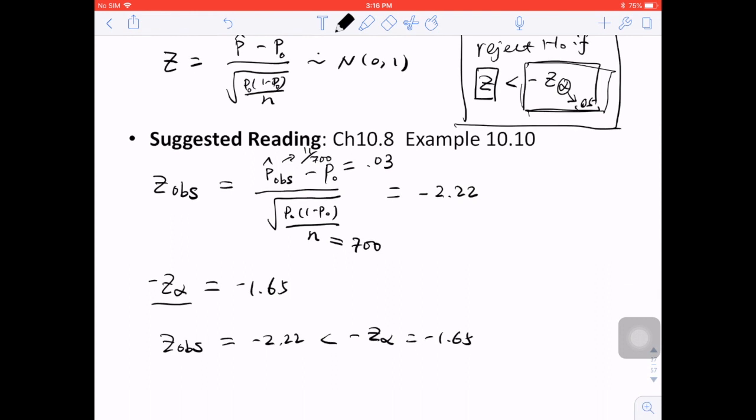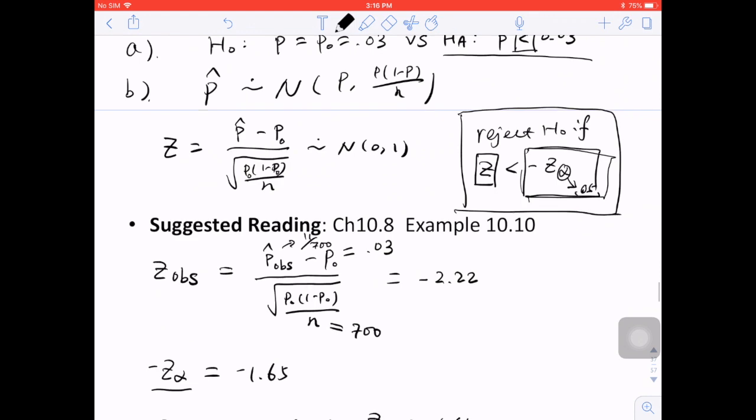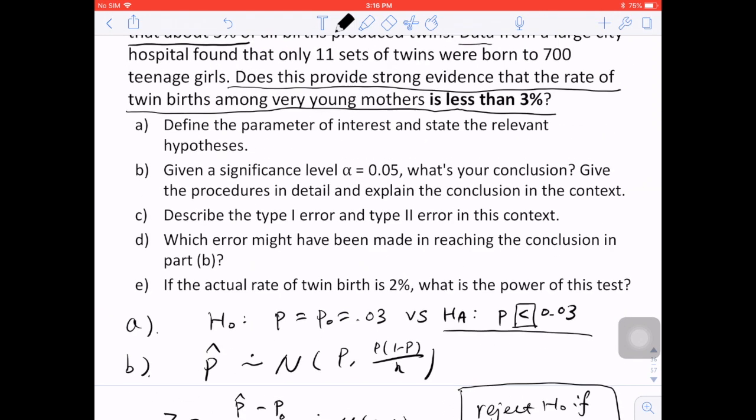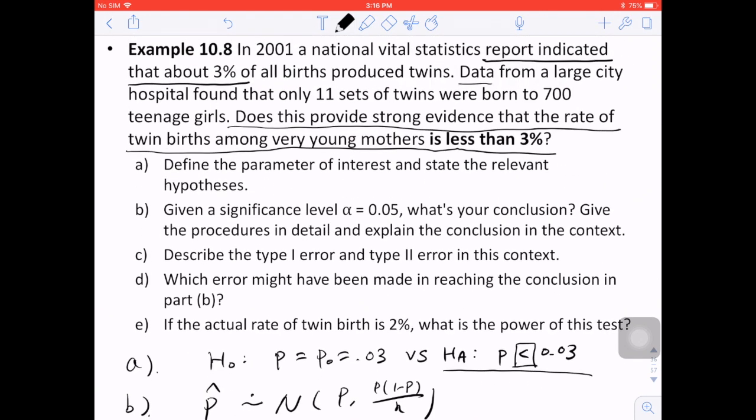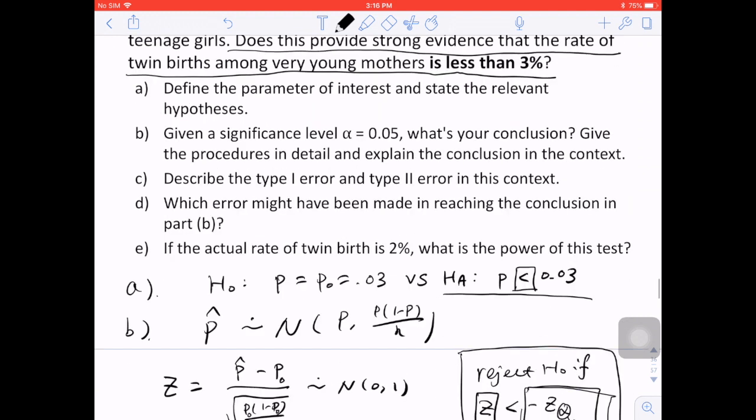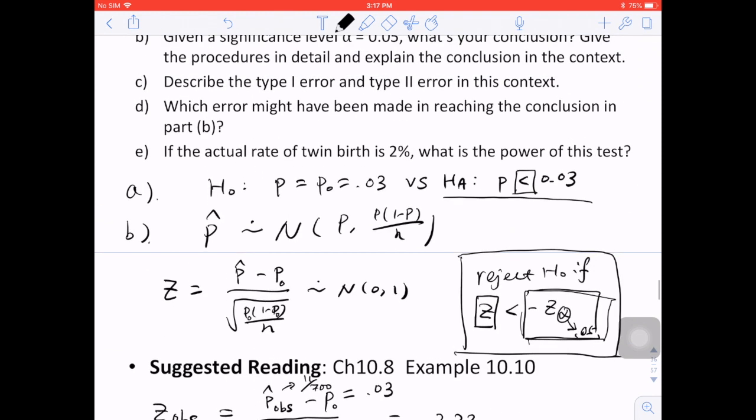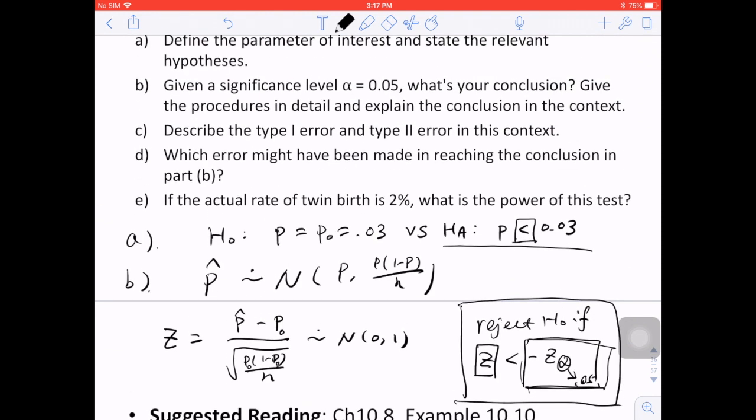Okay, so which means you reject the null hypothesis and you support the alternative hypothesis. That is, there is strong evidence that the rate of twin births among very young mother is less than 3%. Okay, so that's for question B.